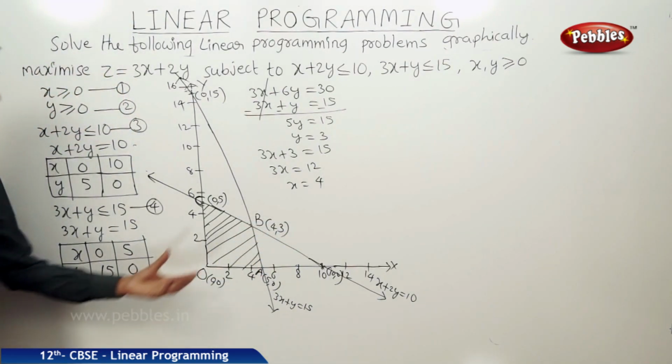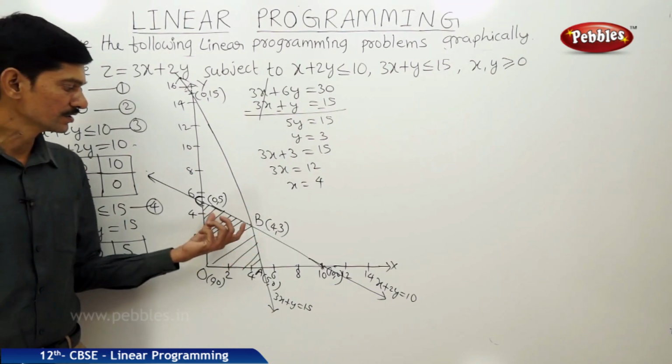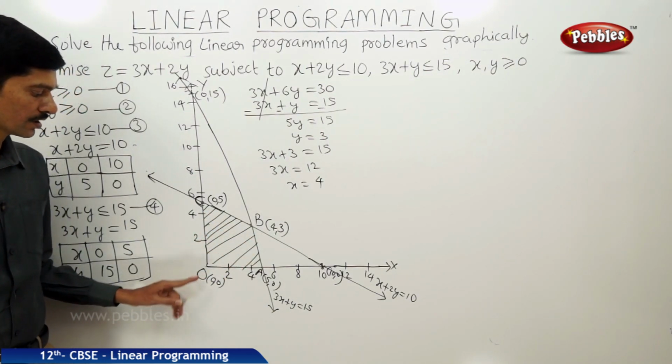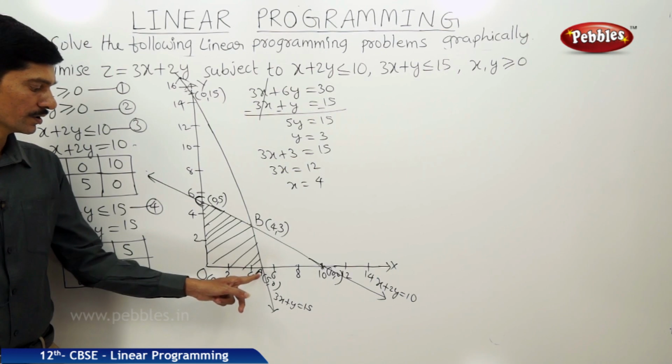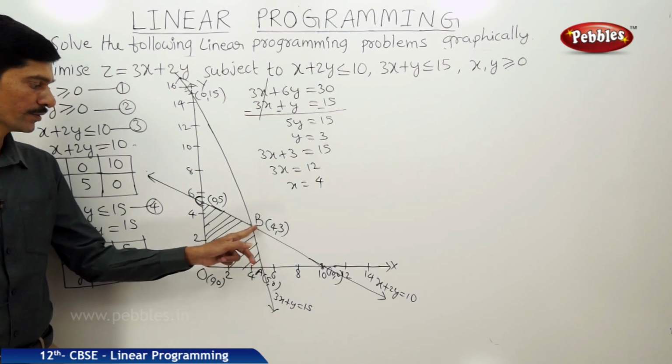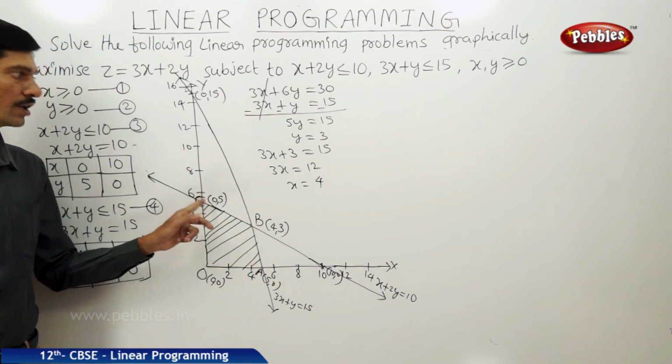Now the common region is bounded and it is a convex set whose vertices are O 0 comma 0, A 5 comma 0, B 4 comma 3 and C 0 comma 5.